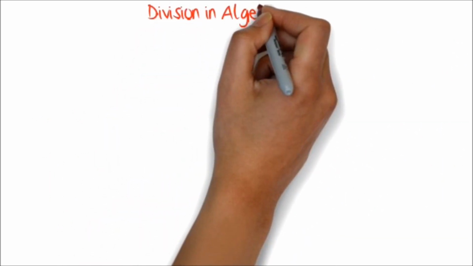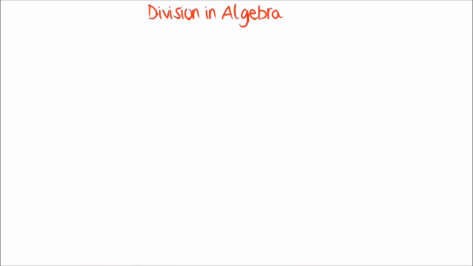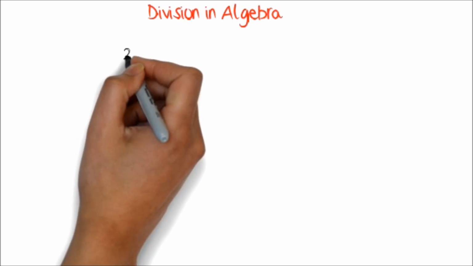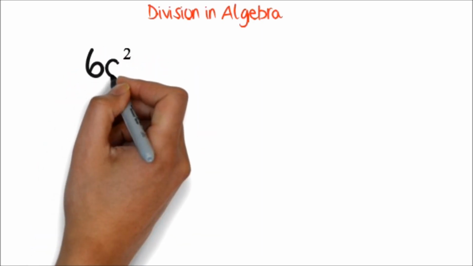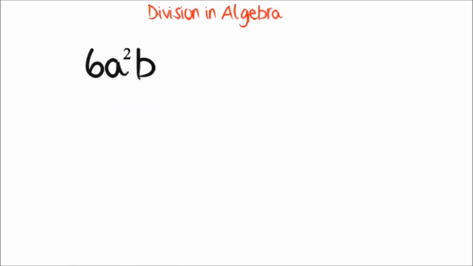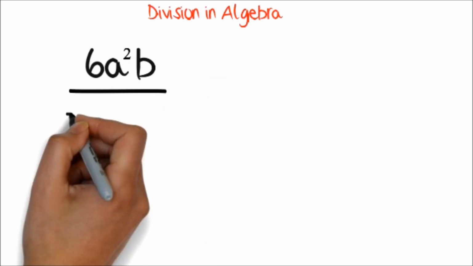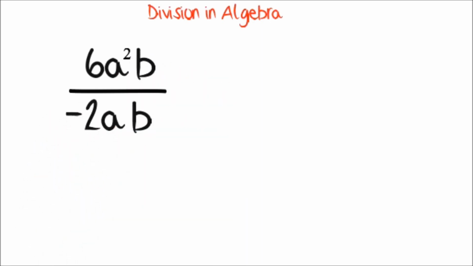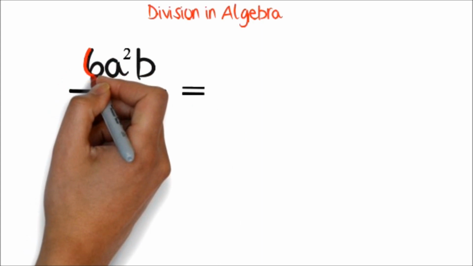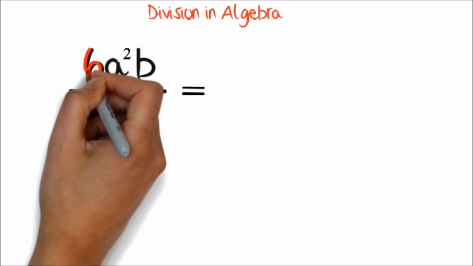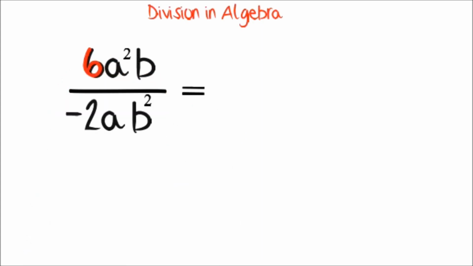Division in algebra. In division, we are still looking at occurrence, but in a slightly different way. Let's look at 6a squared b divided by negative 2ab squared. I will encourage you to write it in the fraction form. It is easier. We divide the numbers as usual.